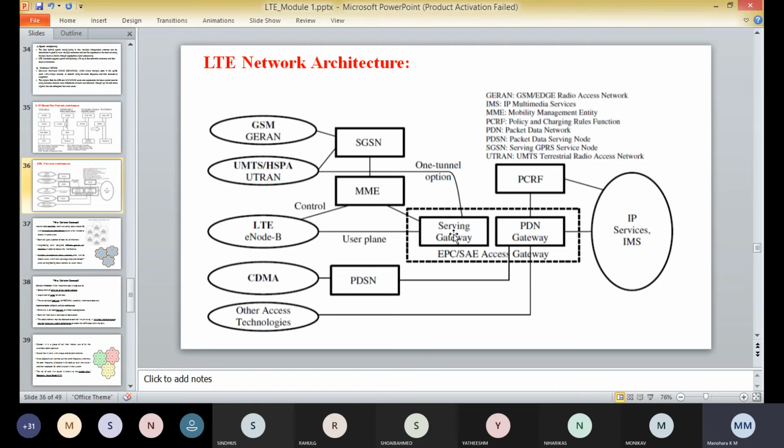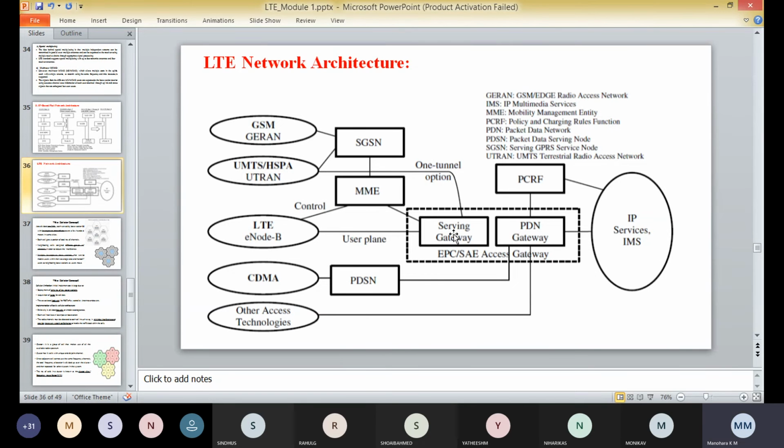The MME controls all control plane functions related to the bearer and session management. It also provides security functions such as providing temporary identities for user terminals, interacting with the home subscriber server for authentication and negotiation of ciphering and integrity protection algorithms.